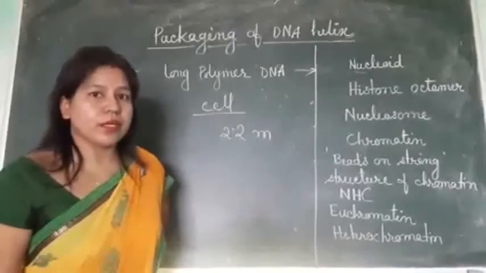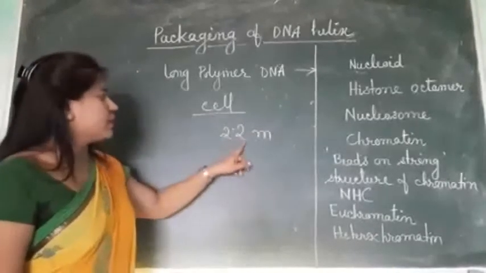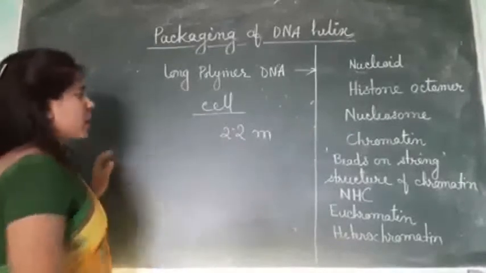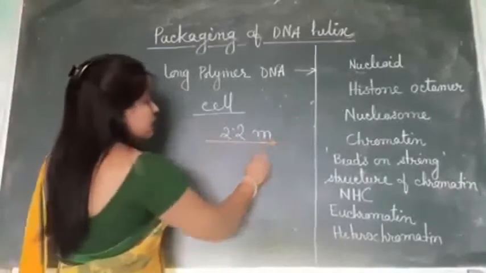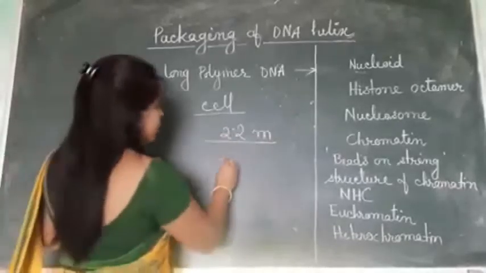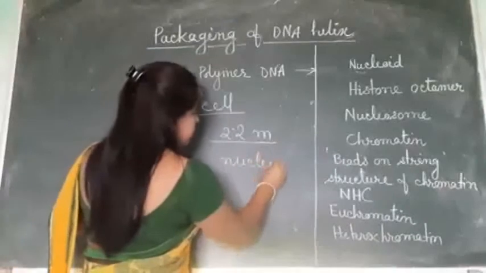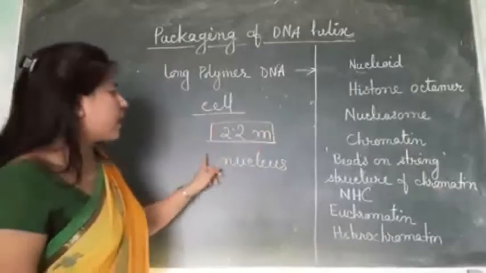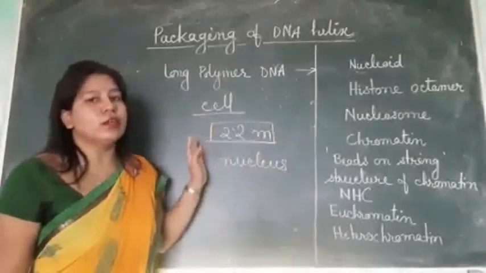Remember this thing. It is far greater than the dimension of a typical nucleus. Do you get it? This 2.2 meter length is far greater than the dimension of a nucleus.